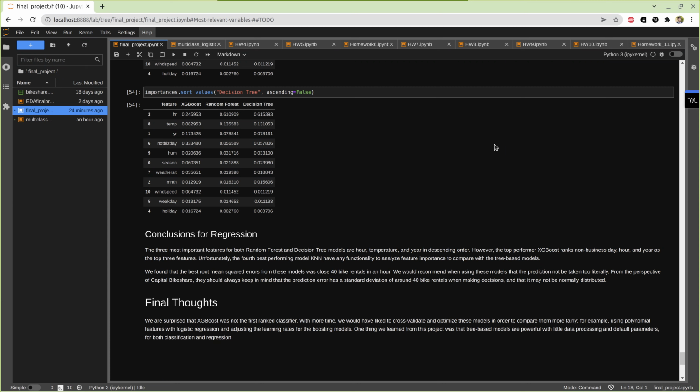But one thing we definitely learned from this project is that the tree-based models were very powerful right out of the box with very little data processing or parameter tuning for both classification and regression. And like Isaac said, we just want to put a disclaimer out there if you were ever to use these models, they're not perfect. 77% accuracy certainly isn't perfect. 40 RMSE is certainly not perfect.